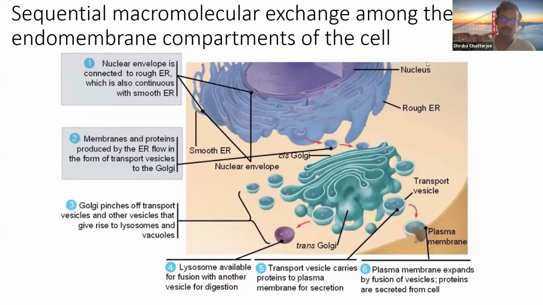Now, what happens is that after the proteins are synthesized within the ER lumen and they are folded, and a certain extent of post-translational modification has happened, then these proteins are passed on. It's like a conveyor belt, and they need to be passed on to the next compartment of this endomembrane system, which is the Golgi apparatus.